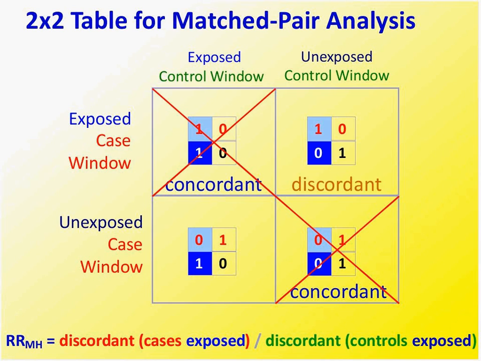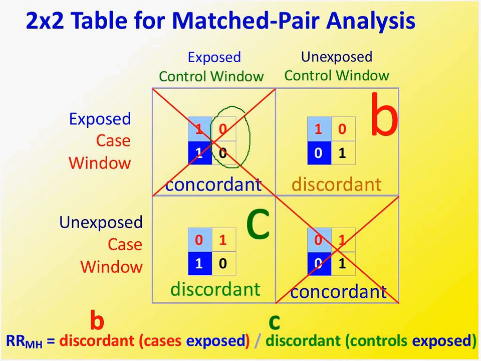Here's another way of looking at it. You can see that I showed before. Well, you're familiar with the matched pair analysis. The concordant matched pairs don't contribute information to the analysis. The analysis is restricted to the ratio of the B discordance to the C discordance.